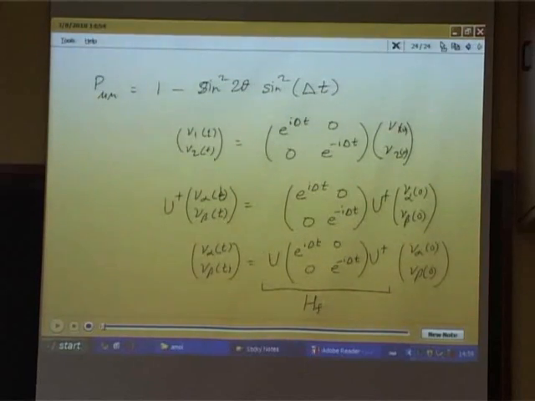Now this is a complicated beast because you have some sin theta, cos theta. However, we know how to write it down because at some point in future we will need to write down the Hamiltonian in different bases. So this is going to be the Hamiltonian in the flavor basis.